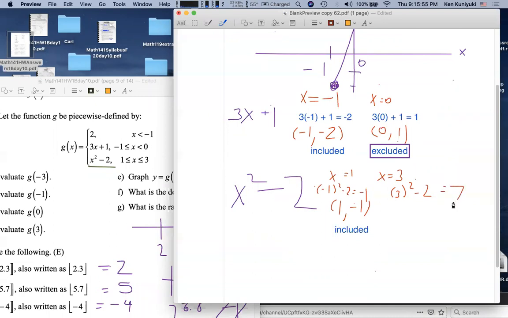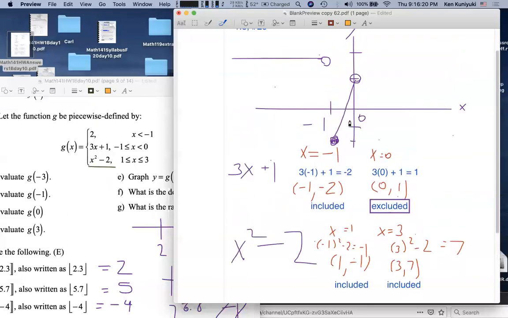The point 3, 7, because we have bars at both of the endpoints, so both the endpoints are included. So up here, 1, negative 1 is included. Notice it's still past the VLT.